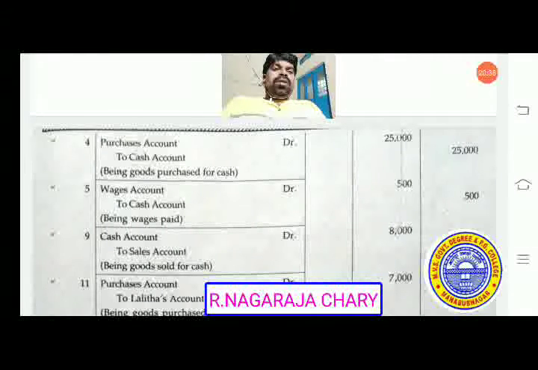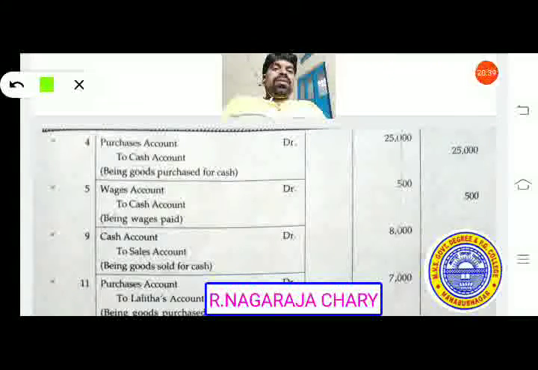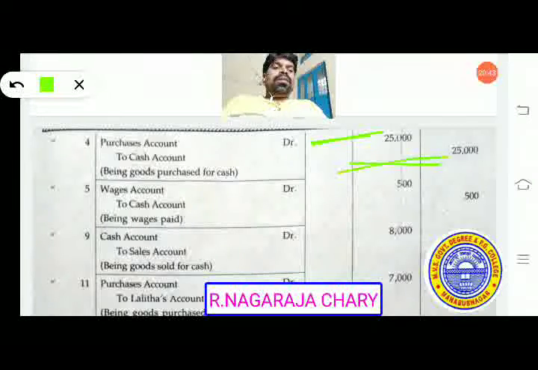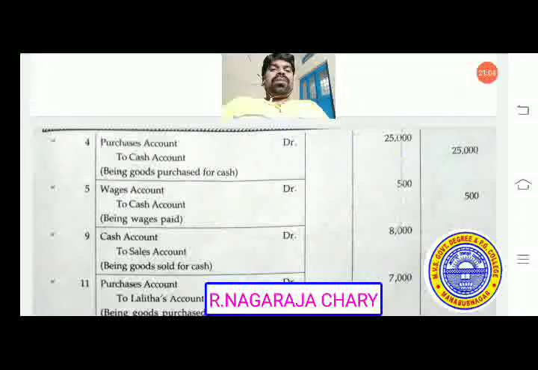Here we are purchasing goods, so goods are to be debited with 25,000 and the cash is to be credited 25,000. So purchase account debtor to cash account, 25,000, 25,000. The narration is being goods purchased for cash. This is the journal entry for purchasing goods for cash.